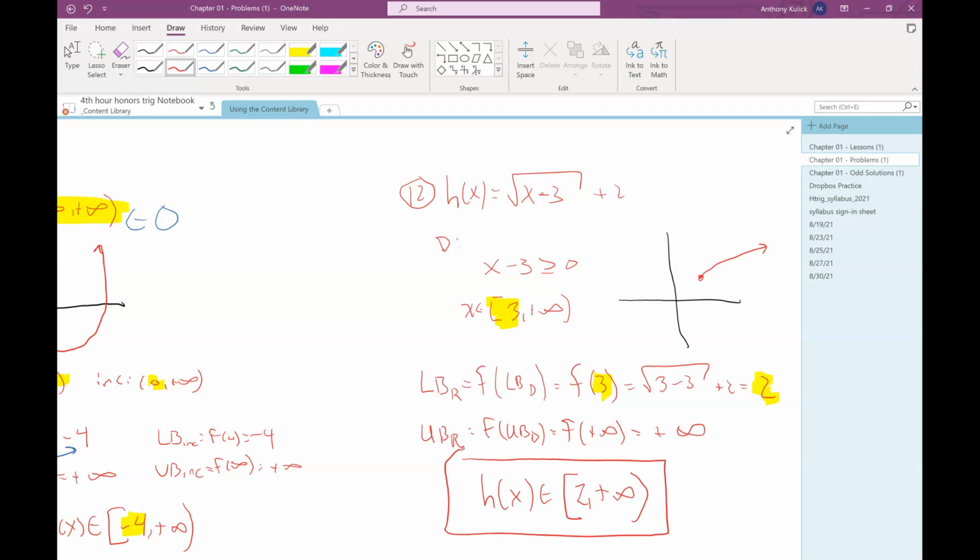If you're talking about a function that's increasing, lower goes to lower and upper goes to upper. If it's decreasing, they switch. If it's decreasing, the lower bound for the range comes from the upper bound of the domain, and the upper bound of the range comes from the lower bound of the domain.